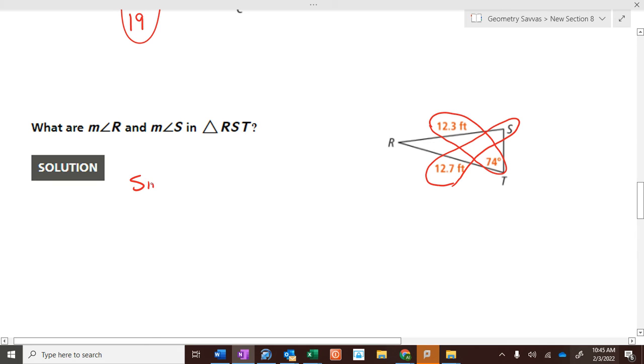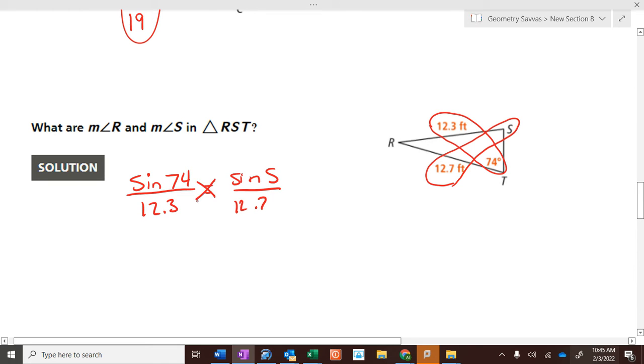So we say the sine of what? What's my only angle I know? 74. The sine of my angle over its opposite side, 12.3, equals the sine of the angle that I want, which in this case is S over its opposite side, 12.7.